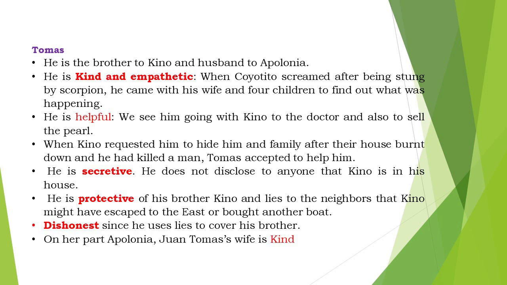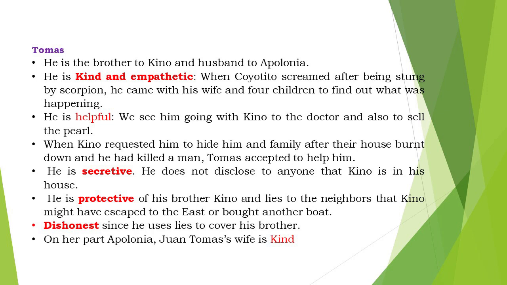We see him going with Kino to the doctor and also to sell the pearl. When Kino requested him to hide him and his family after their house burnt down and he had, of course, killed a man, Juan Tomás accepted to help his brother.